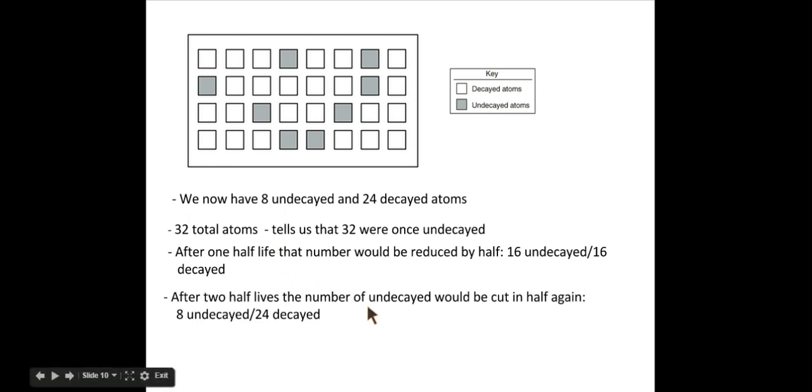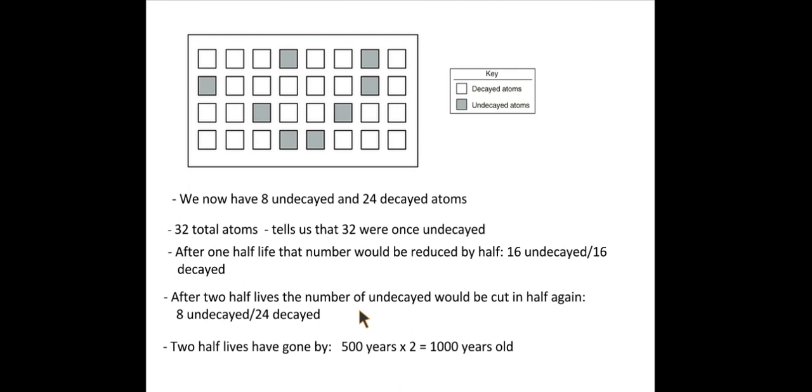So after 2 half-lives, the number of undecayed would be cut in half again, and I would have 8 undecayed and 24 decayed. And that's exactly where I'm at right now. That's what the diagram shows me. So now I know that 2 half-lives have gone by. Well, if each half-life is 500 years and 2 have gone by, that means my sample is now 1,000 years old. And that would be my answer.